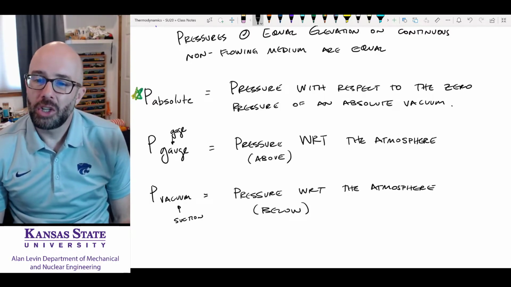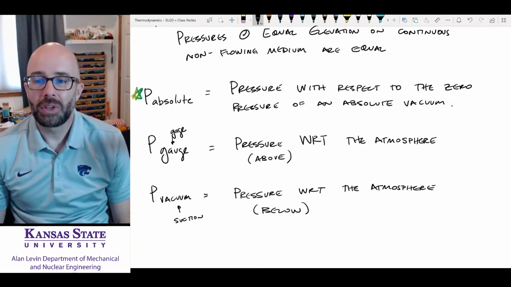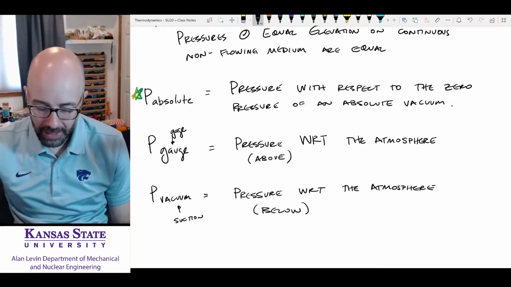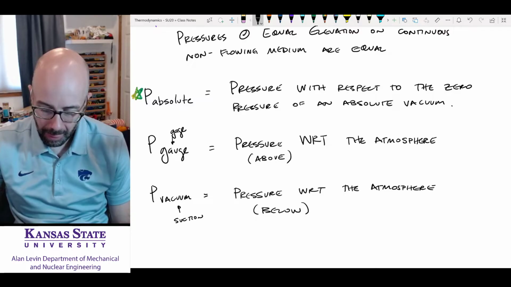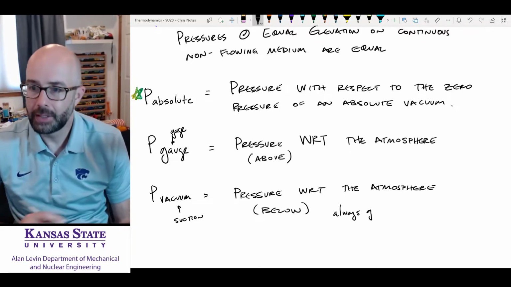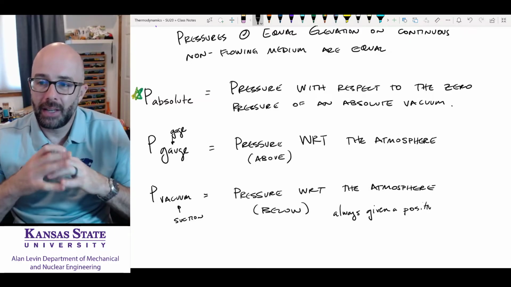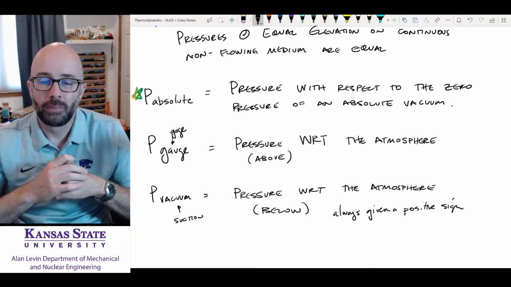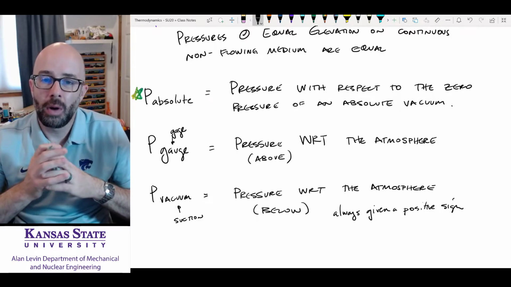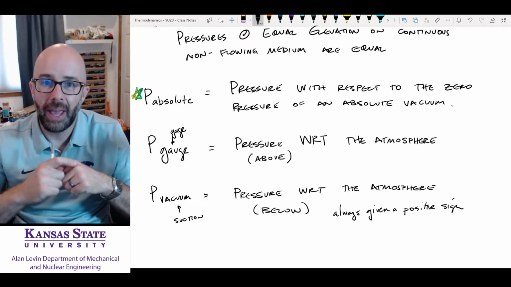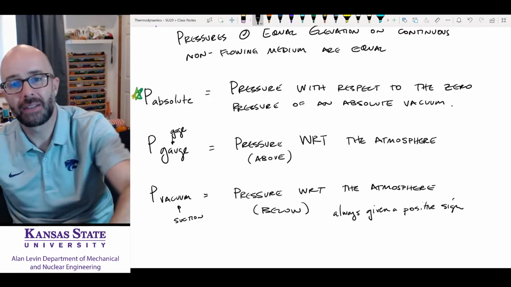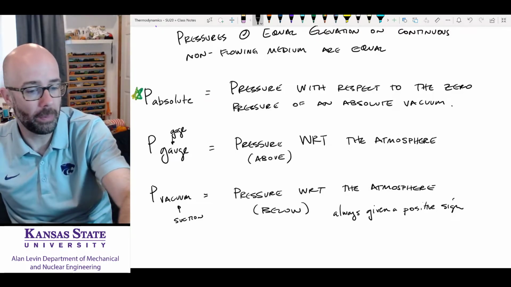Now, the one thing that you need to understand about this is, even though it's given below, this is always given a positive sign. So even though it's below, we say suction pressure and say it's positive, so that you know in your head, okay, I'm dealing with a suction pressure, that's going to be below, or a vacuum pressure, that's going to be below.